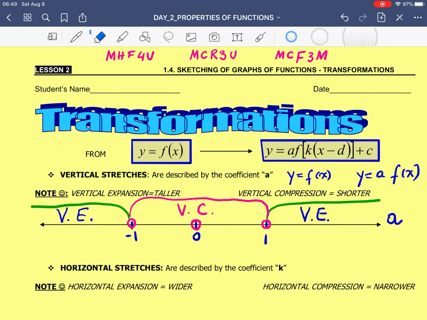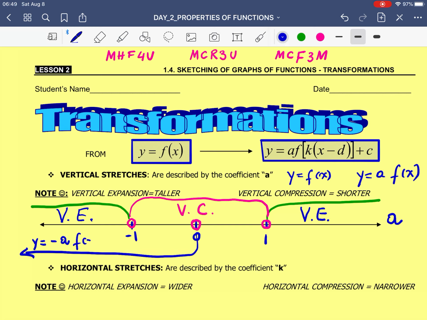Now, what happens when a is negative? When the values of a become negative, imagine that we have y equals f of x. If they become negative, some value of a f of x, now all the y values will be multiplied by a negative number.